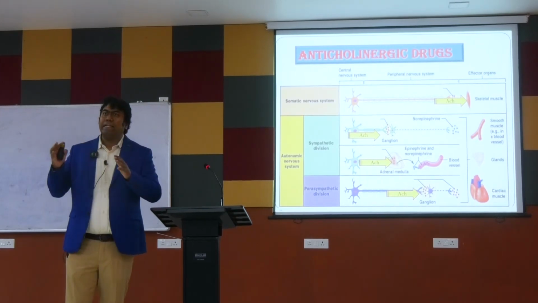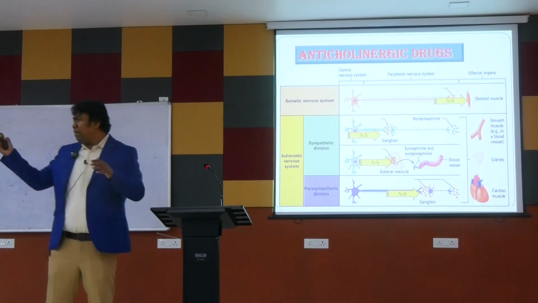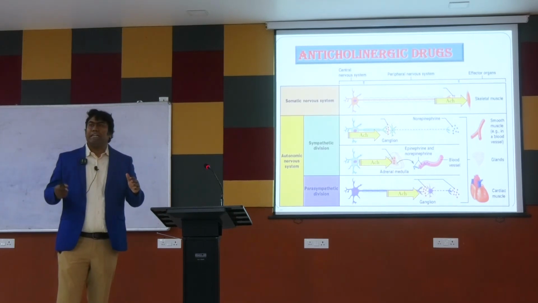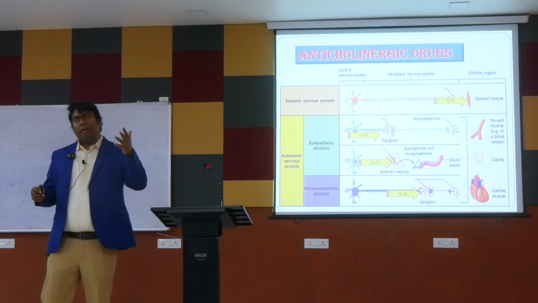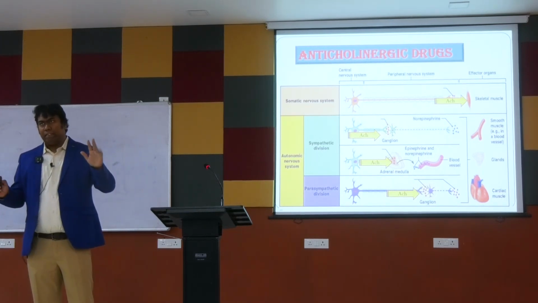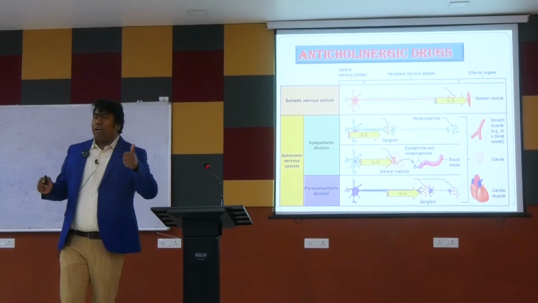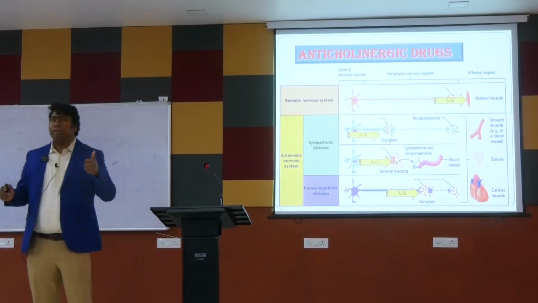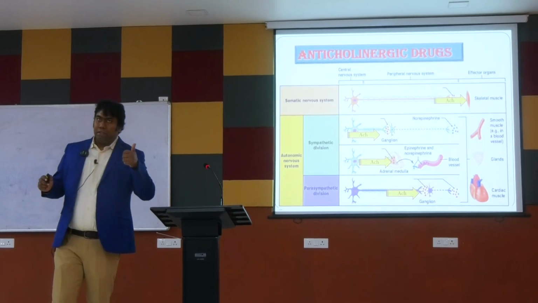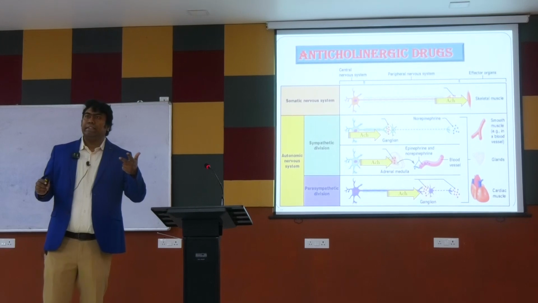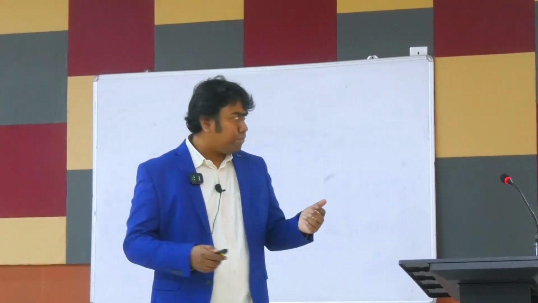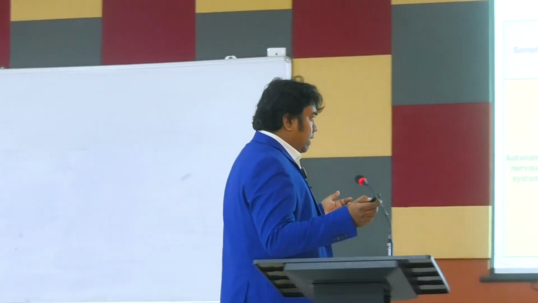Muscarinic receptor and nicotinic receptor. What are the different muscarinic receptors? M1, M2, M3, M4, M5. Distribution of M1, M2, very good, M3, the rest: smooth muscles and glands.